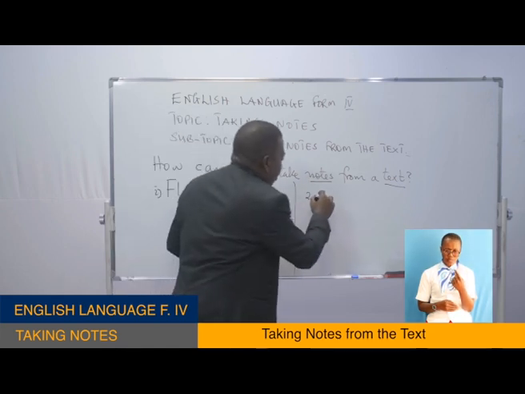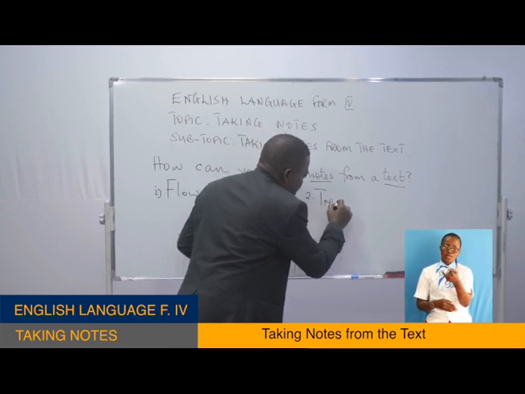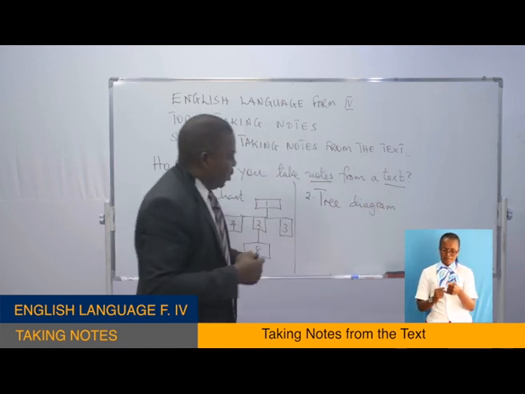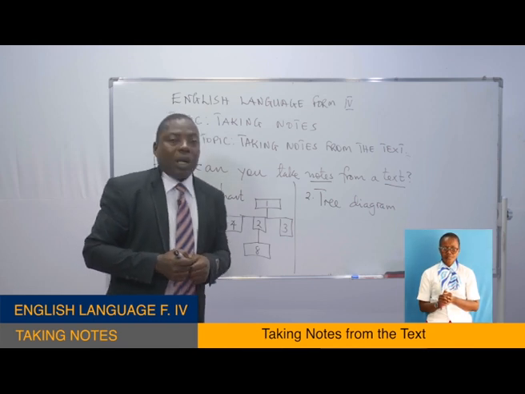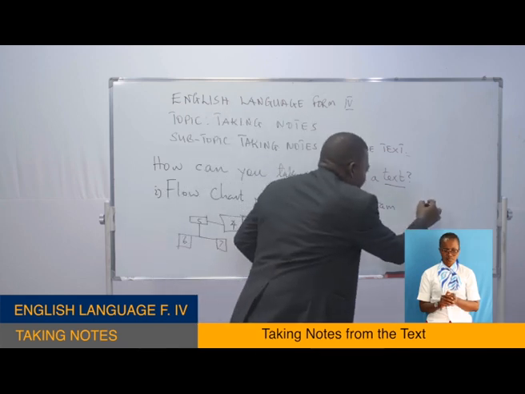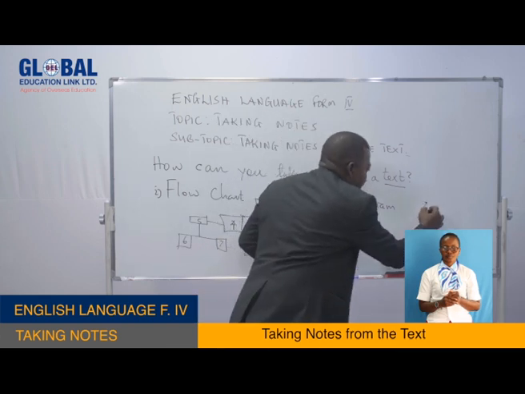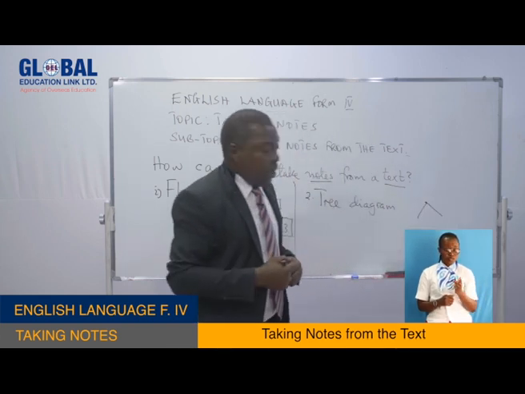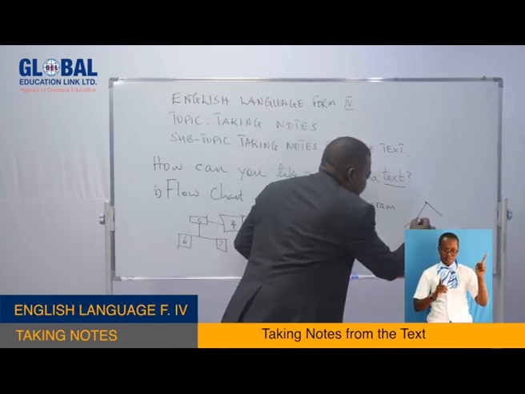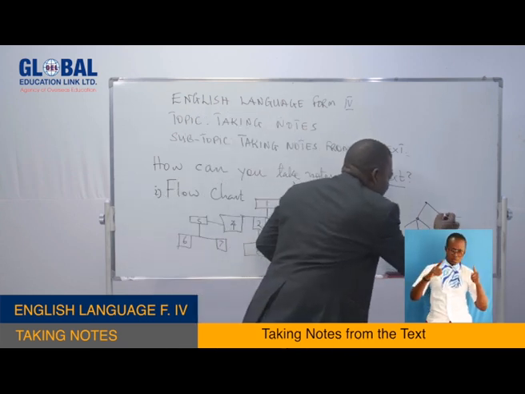you can think of using a diagram, what sometimes we call a tree diagram. You have a point, and that point has been branched, and again you find this one having more branches, and so the same for this one.